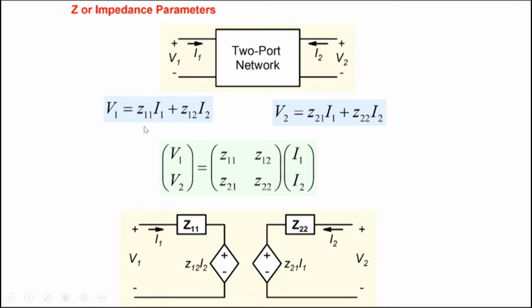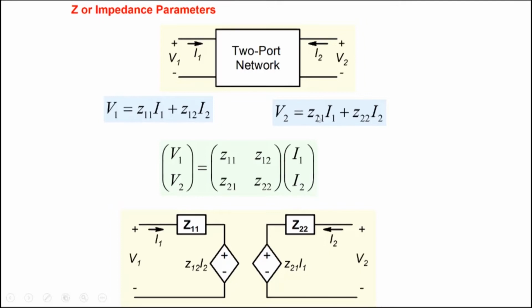So Z11 I1, we can represent by an impedance here, and Z12 I2, we have to represent by a dependent voltage source here. Note that each term is a voltage term because the left hand side is a voltage here, and it depends on I2, so that's why it is a current-dependent source here.